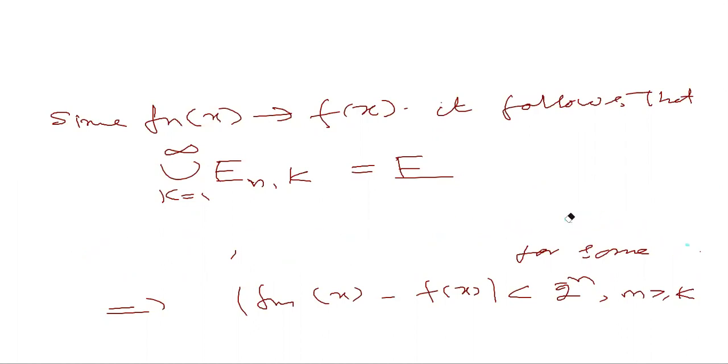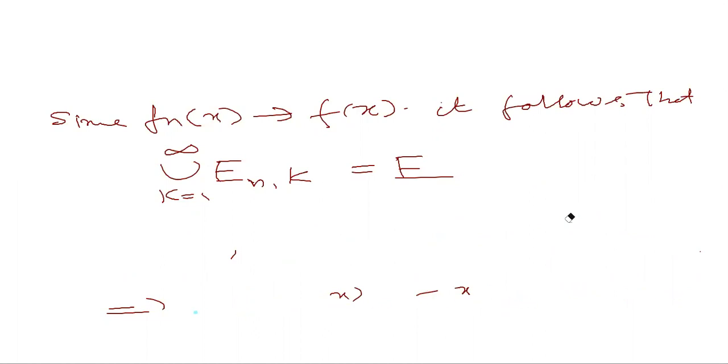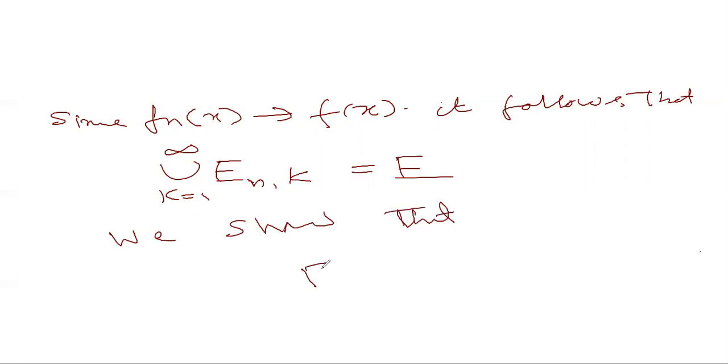We choose any point in E and show that it is in some E_n^k. We show that E is a subset of the union of E_n^k, k runs from 1 to infinity. Okay.